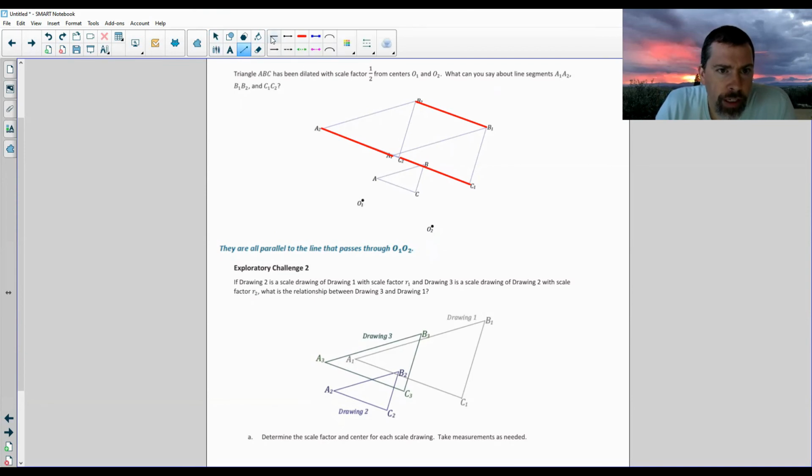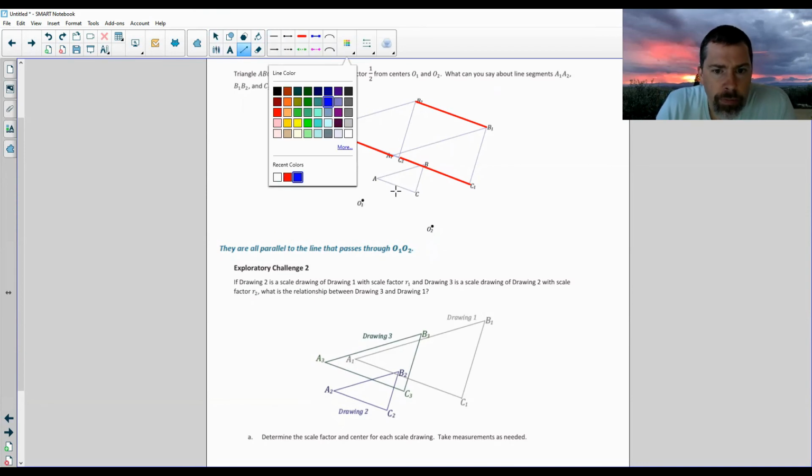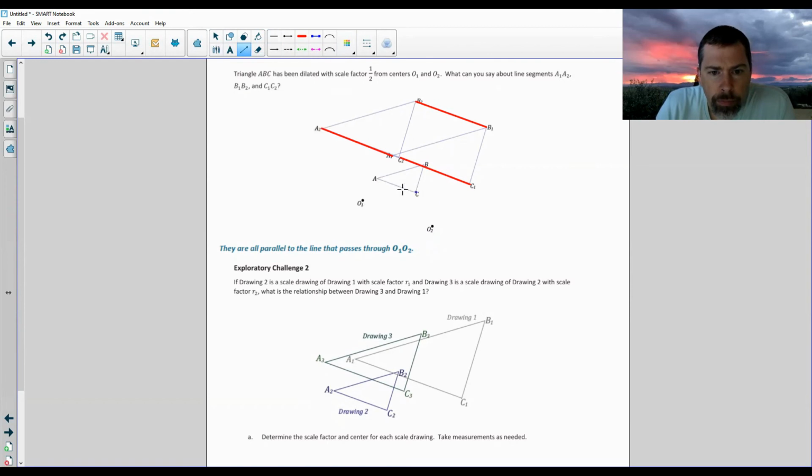So if I drew a segment now, right here, going through O1, O2, parallel, parallel. They are parallel, okay.